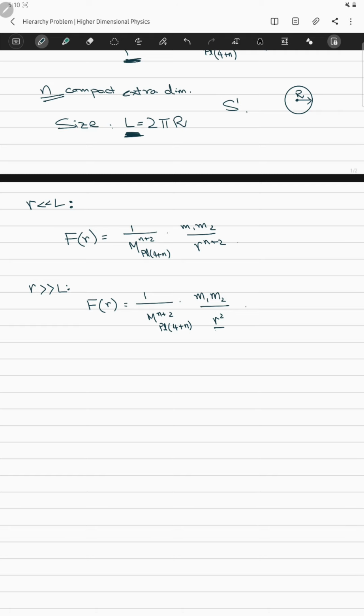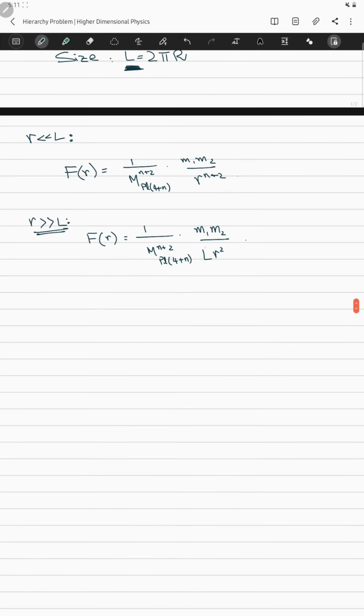Now you'll only have r squared over here because the size of your extra dimensions is much smaller compared to the distance between the two masses. And wait, I'm missing a factor over here, and that's obviously the size of the extra dimension, L raised to power n. So this is what you have when the distance between the two masses is very large.